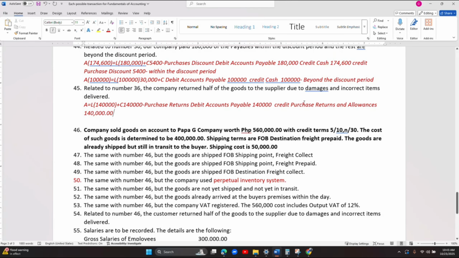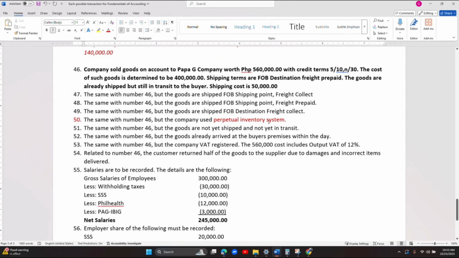So that's number 45. Now let's go to the selling side. The company sold goods on account to Papa G Company worth 560,000. So we have our customer Papa G Company. We sold 560,000 worth of goods with credit terms 5/10, n/30. So we're giving the Papa G a chance to pay within 5 days, and we will give them a 5% discount.